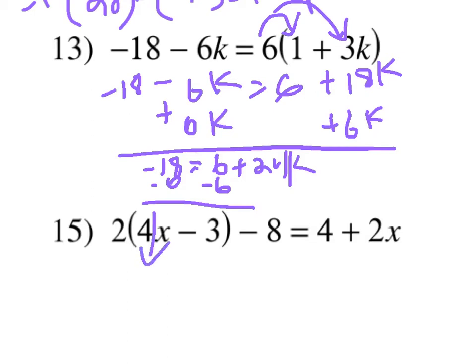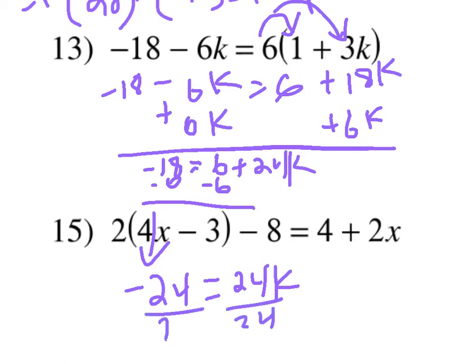I don't know how I'm going to do that with 15, but I'll make it work. Negative 18 minus 6 is negative 24 equals positive 24k. Divide each side by 24. K equals negative 1. I'm about to erase my work, so please pause the video if you need to.